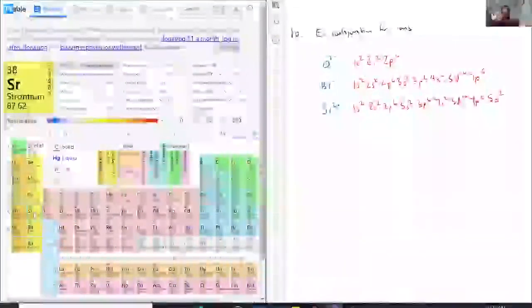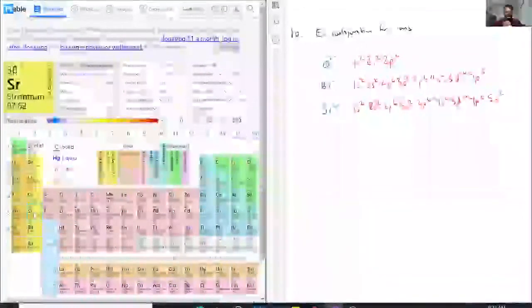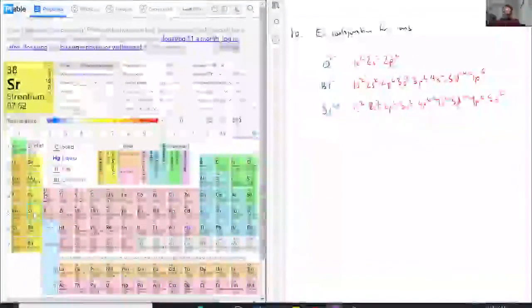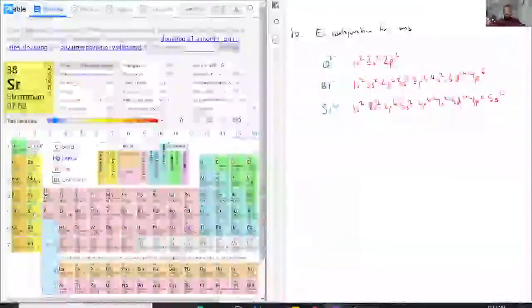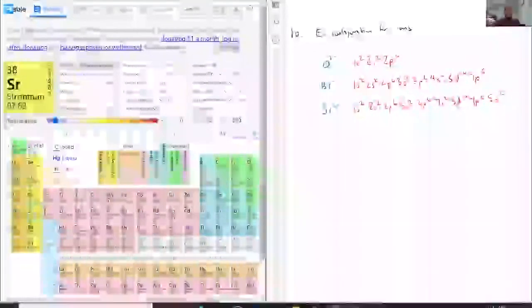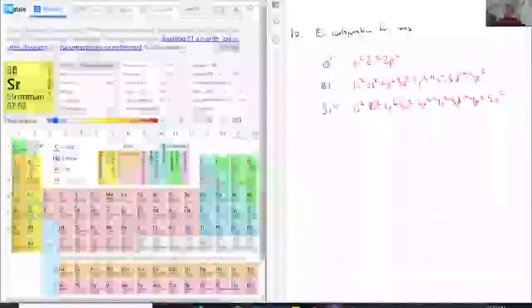So this right here, strontium 38, directly, is what it would add up to, which makes sense because with 4p6, we knew that 4p5 was 35, and then 36, and then if we add 5s2, that'd be 2 more, so 38. But we say strontium 2+.